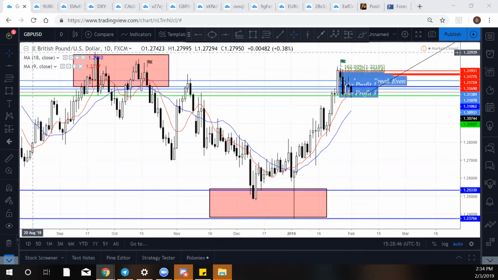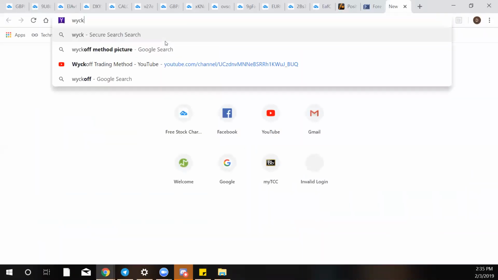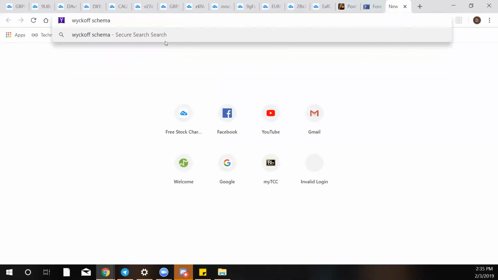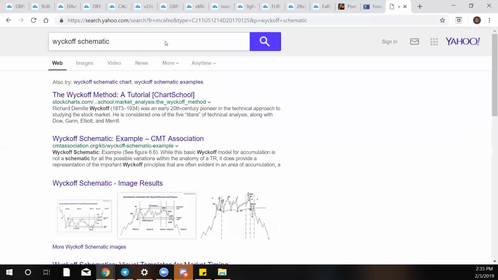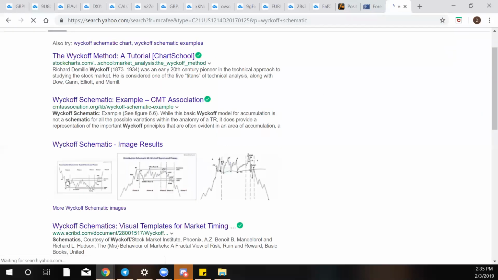Let me see if I have it in my pictures. Actually, it should be in my trading ideas folder. Not in that one. Give me one second, guys, I'm going to pull this up for you. Wyckoff schematics. Cool, here we go.